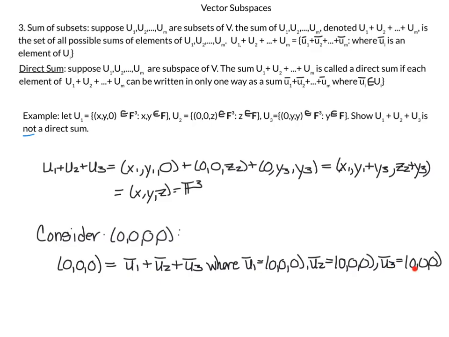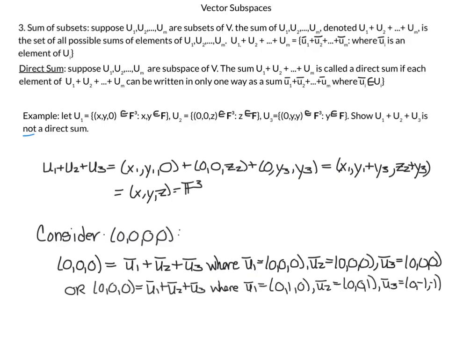And you know that these 3 vectors exist in the U1, U2, and U3 subsets because we said that U1, U2, U3 are subspaces, so the identity vector has to be in there. Actually, I wrote too many zeros over here, so let's get rid of one of them. So it's up to you to figure out the other way of getting 0, 0, 0.